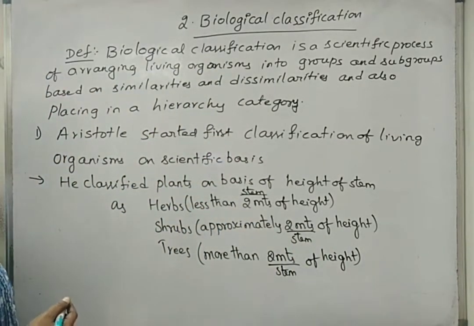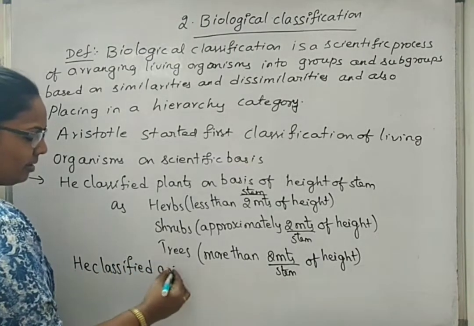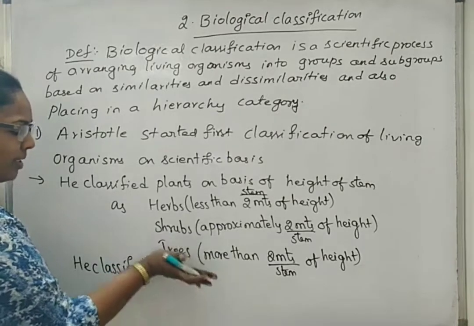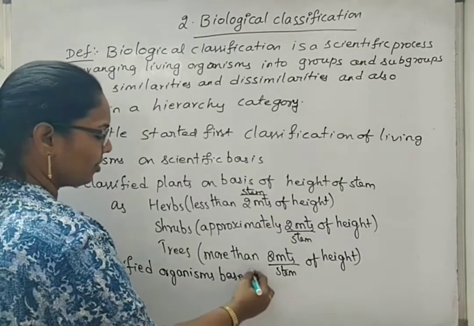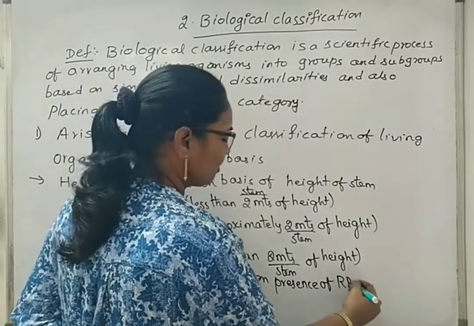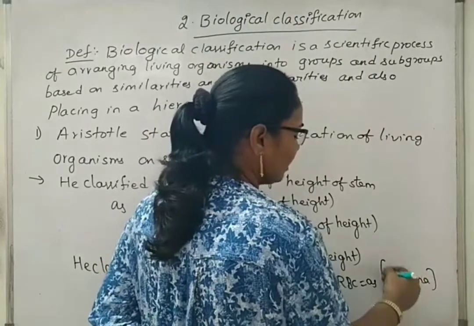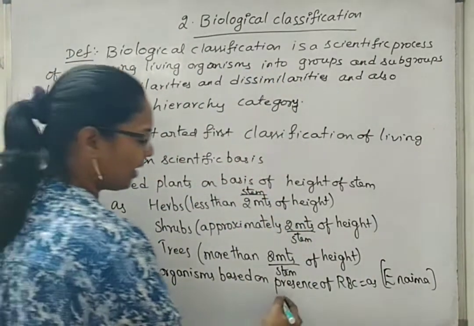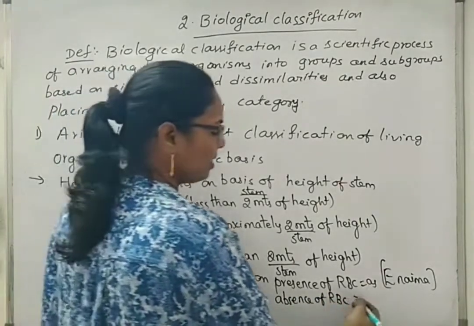He also classified animals based on presence of RBC and absence of RBC. So he classified, not animals, but living organisms, based on presence of RBC as Enaima, the organisms belonging to group Enaima, and absence of RBC as Anaima.